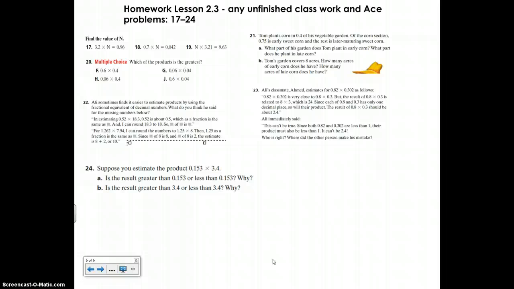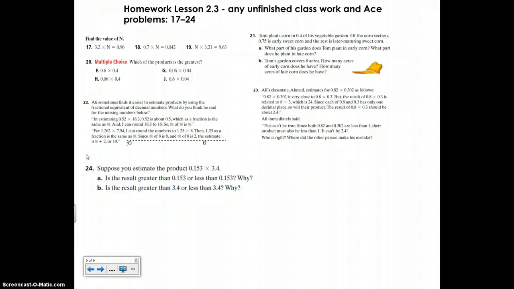20 is a multiple choice problem. Which one is the greatest? 21, 22, and 23 are all multiplication word problems. Use that same strategy. In 22, it wants you to tell what number would go in each of the shaded gray boxes. So you should have 7 digits or 7 numbers written for 22.